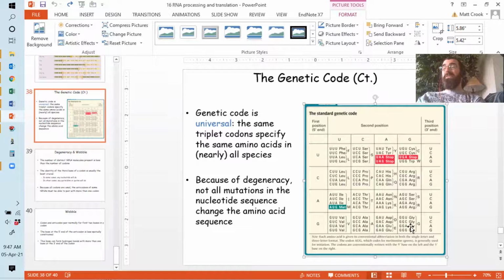And the reason for that is, how many different codons are there? 64, I think. There's a lot.